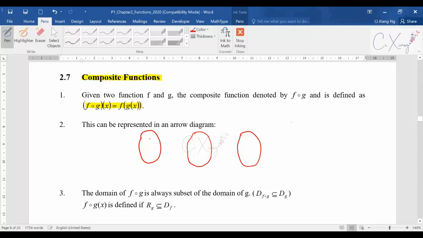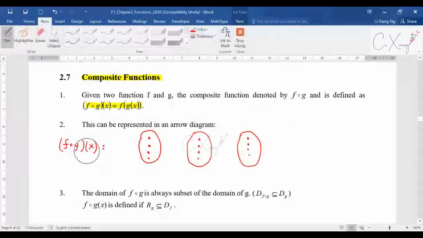There are 3 circles here, 3 sets of values or elements. Maybe I need to write it clearly here: if I want to have f composite g, then x. So the graph will look something like this.